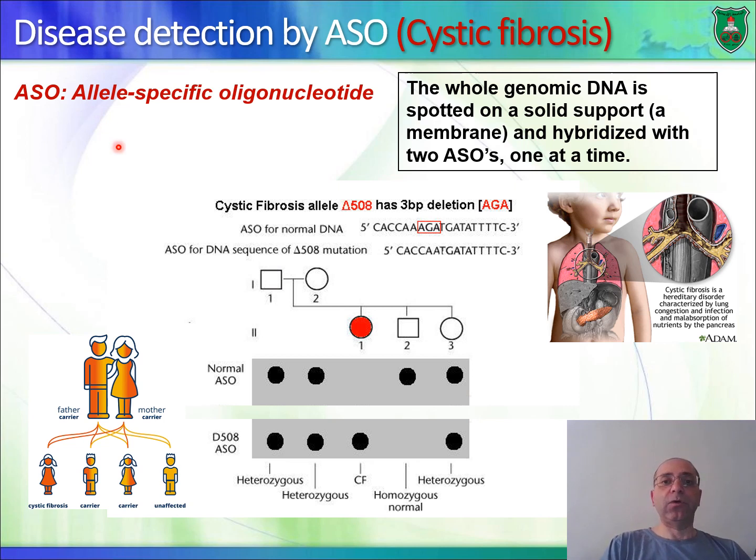So there are 2 probes that we're using. We have one that detects the normal allele, the normal gene, and the other that detects the allele with the deletion, the AGA deletion.